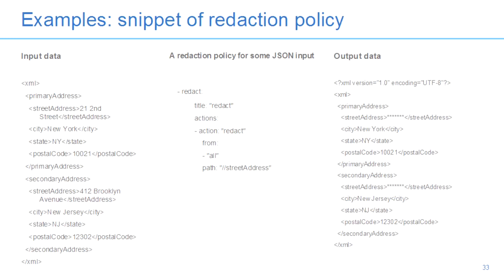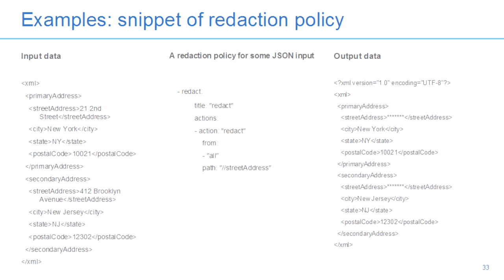And here's just a simple example. In the middle is the Redact policy that I'm going to have. It's going to do a redact from everything, and it's just going to go and look for /street address. On the left-hand side is some input data that's being passed into the Redact policy. The Redact policy is going to say we're going to get rid of everything that's got street address, or we're going to obfuscate it, and on the right-hand side, you can see that we've obfuscated everything to do with street address.